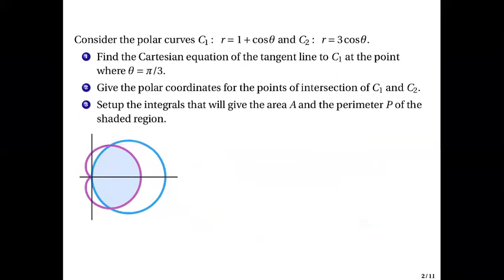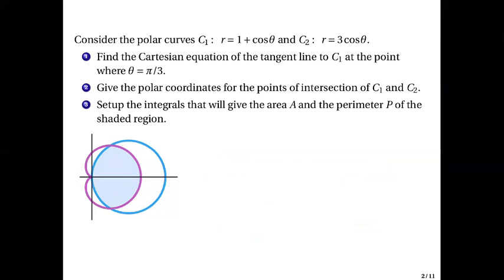So we want to get the polar coordinates of the points of intersection of C1 and C2. So this is straightforward. We just need to equate the equations for C1 and for C2.